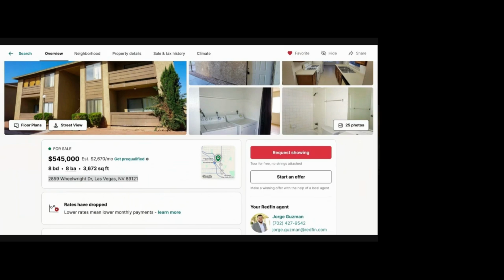Everything I've done for the program, the calculator, and the trainings is based off of wholesaling. My investors won't take any more than 10 to 12% down total entry fee. But if it's a property you're going to take down yourself, maybe you'll go up to 15, 20%. So by the time you determine if it's a property you're going to take down yourself, you should know if you're going to put the assignment fee in there or not.